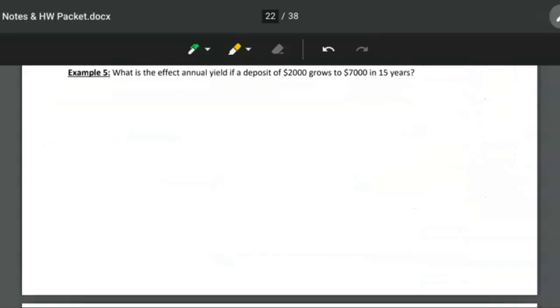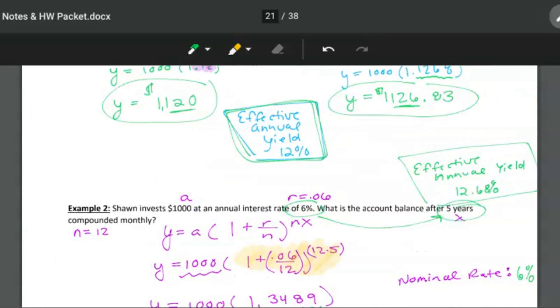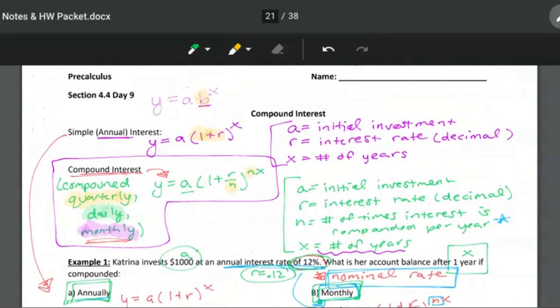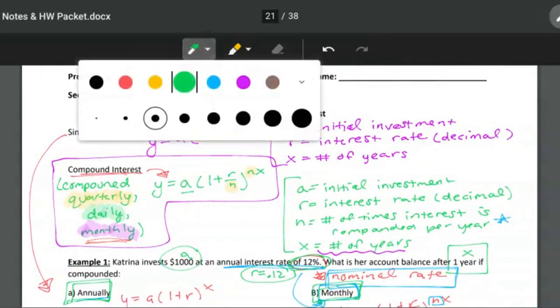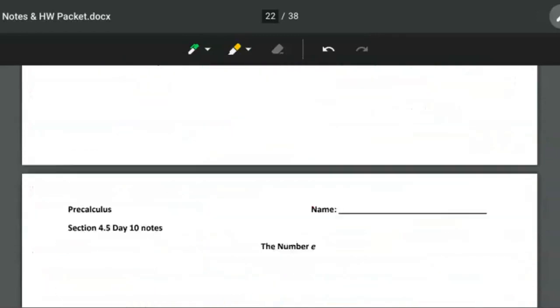Let's take a look at example 5. It says, what is the effective annual yield if a deposit of $2,000 grows to $7,000 in 15 years? Here they really didn't tell you which formula to use. Is it simple interest, if we go back to our formulas, or compound interest? They did mention the word annual in the problem, so I would use the simple annual interest formula.